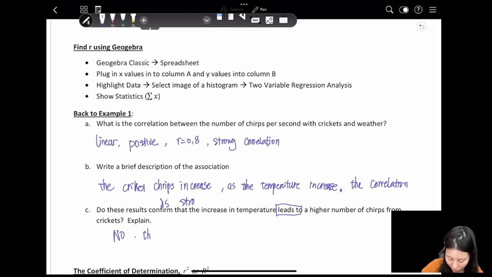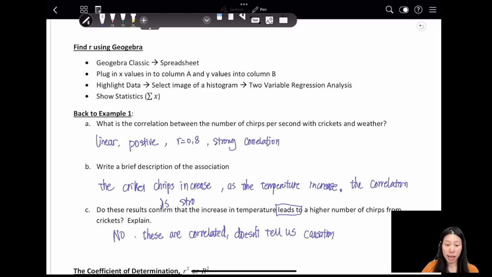So these are correlated, and it doesn't tell us causation. We need a controlled experiment to find out the causation.